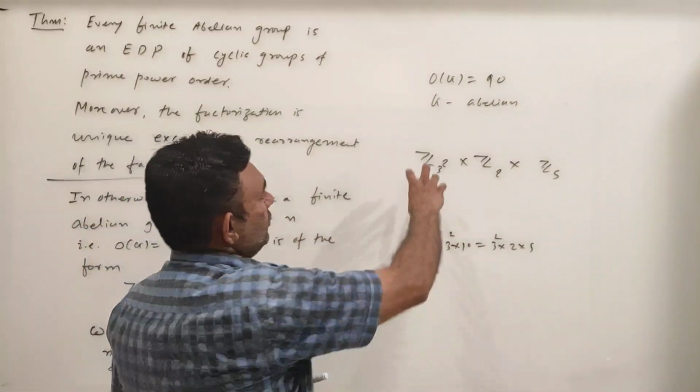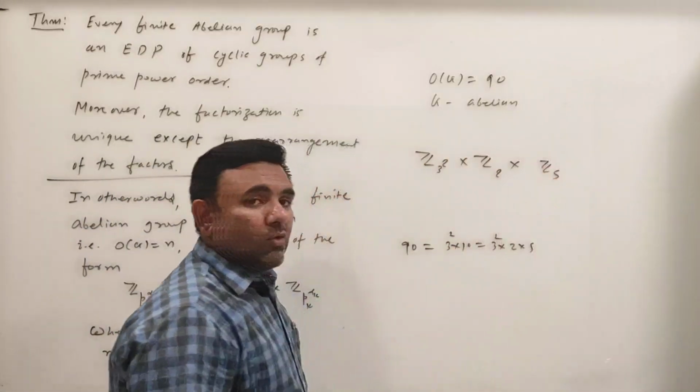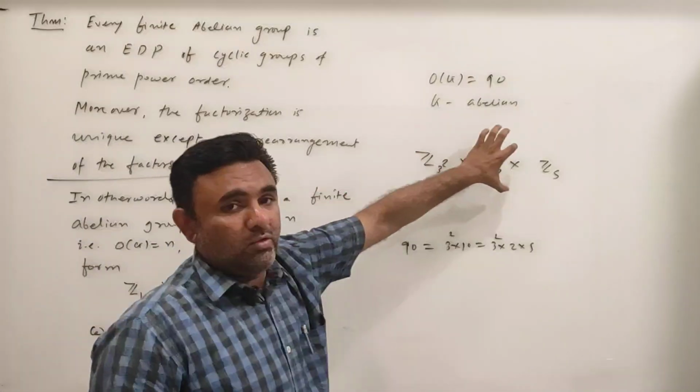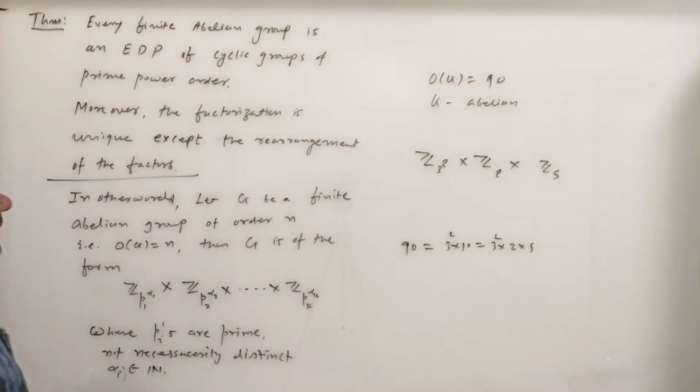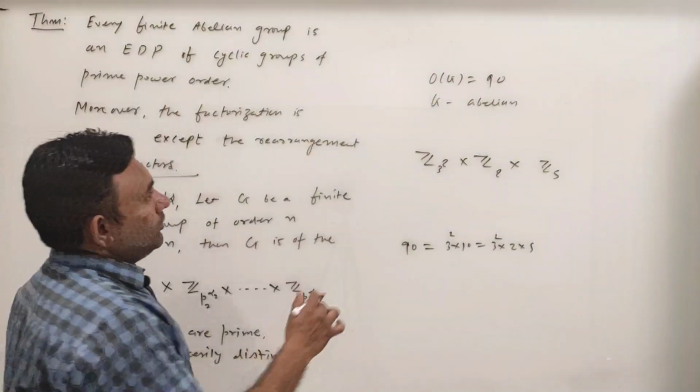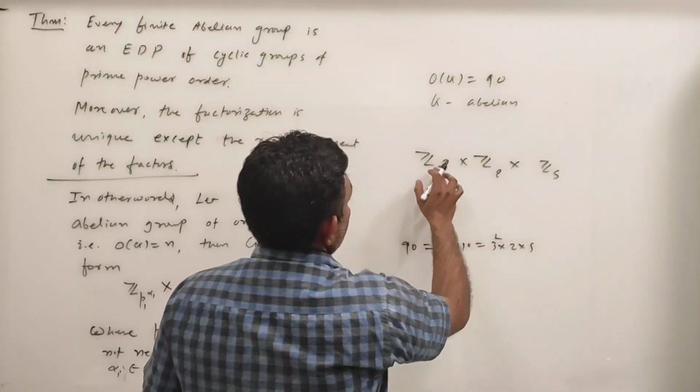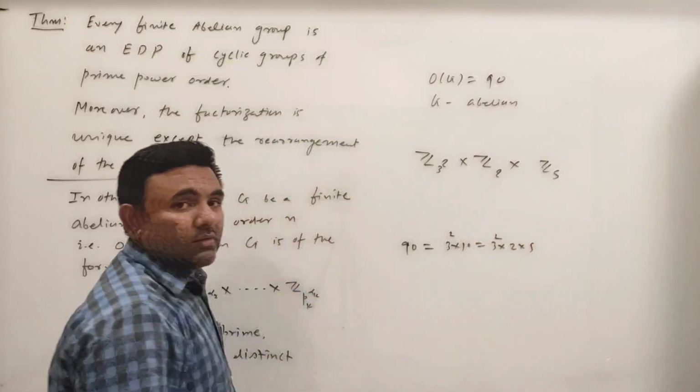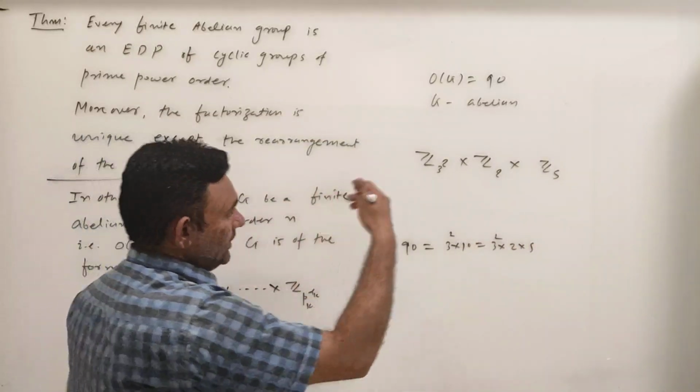So every cyclic group here is of prime power order, right? So a group of order 90 will be of this form, or you may have another form also.